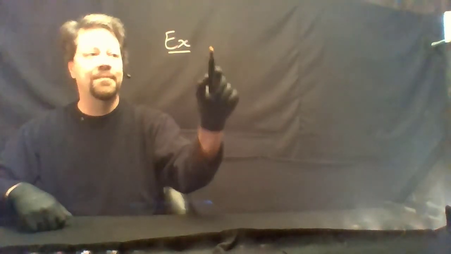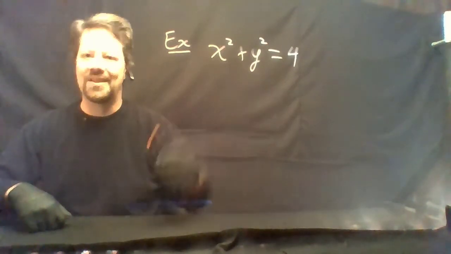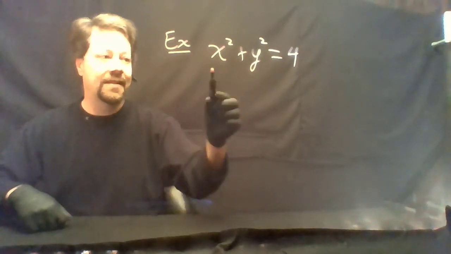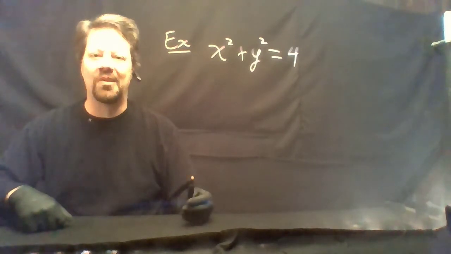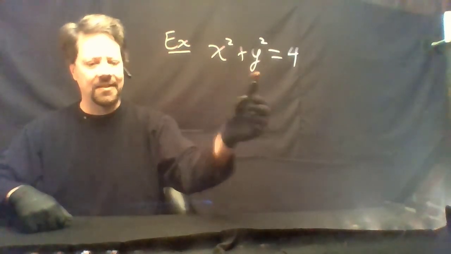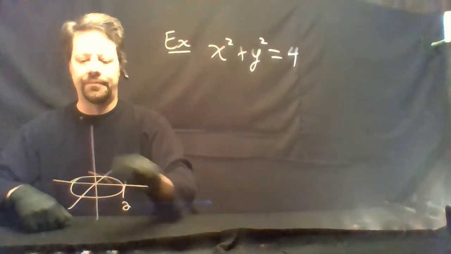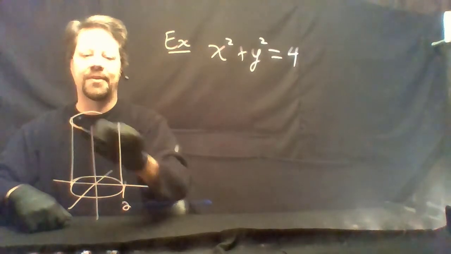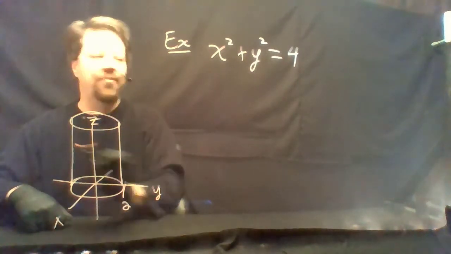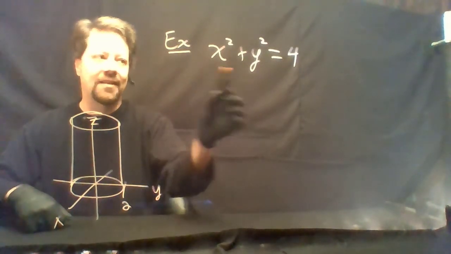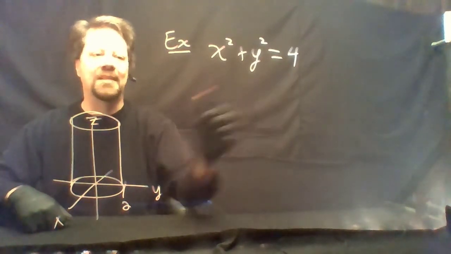As another example, suppose I have the cylinder x squared plus y squared equals 4. X and y are constrained, but z is not. So z will be an independent parameter. Because this cylinder has rotational symmetry around the z-axis, it will have a constant radius, r, of 2, and theta will be a second parameter.